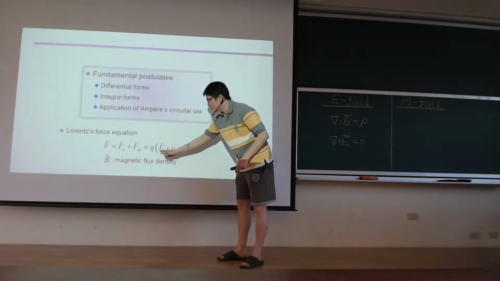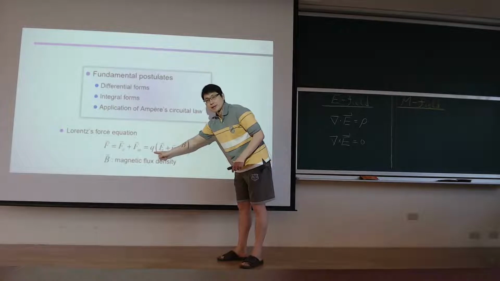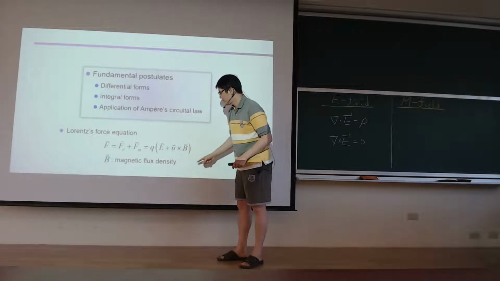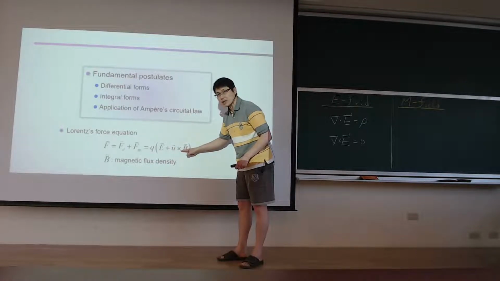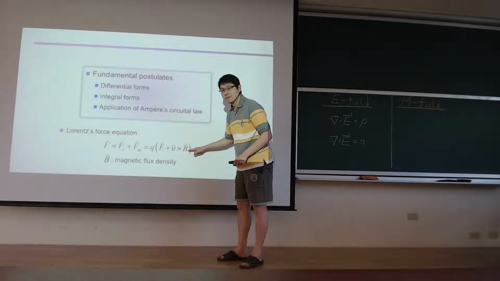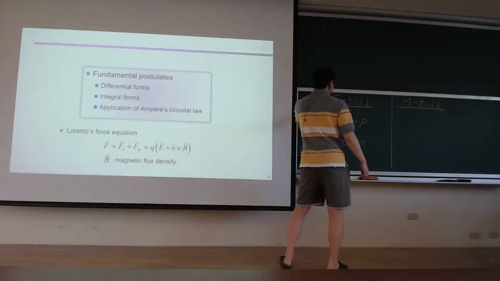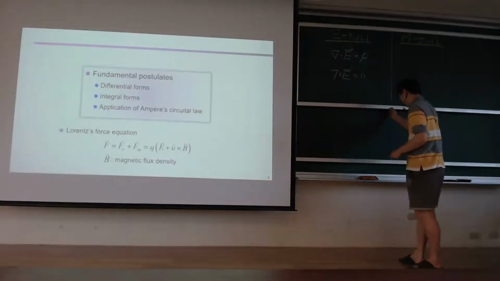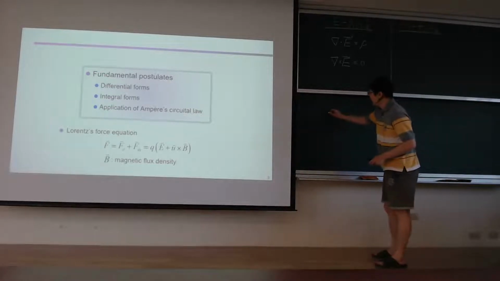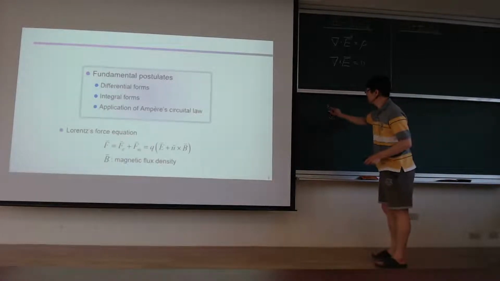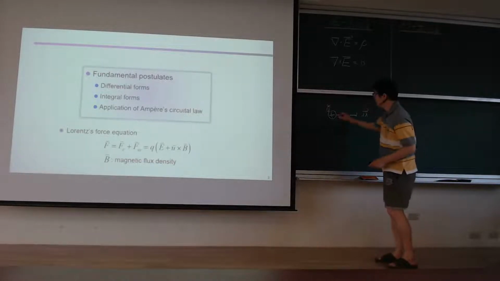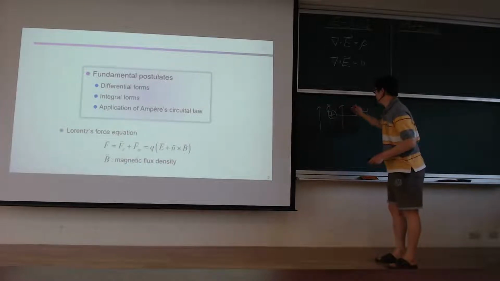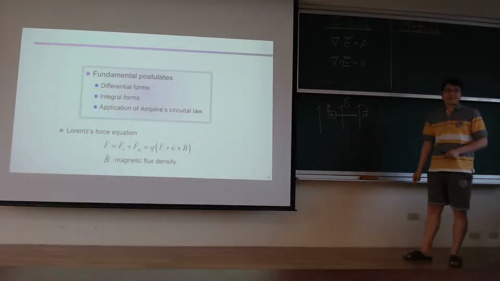So Lorentz force, F_m, is the charge carried by the particle multiplied by the velocity, making a cross product with the magnetic field. What does that mean? Now, if I have a charged particle, Q, moving at a certain velocity, but in space, I have a magnetic field, right?